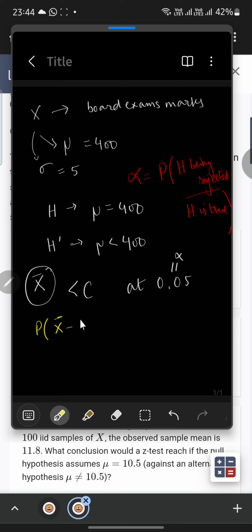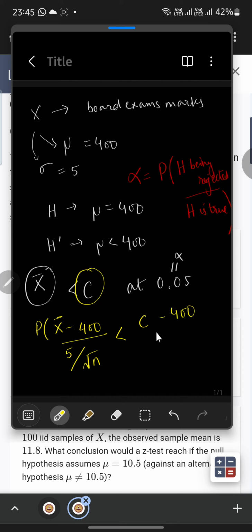So this minus the given mean, which is 400, upon 5, which is the standard deviation, divided by root n, and here we need to find the n, right? This will be less than c minus 400 divided by 5 by root n. Basically we know the probability for this, right? So the probability of this is equal to alpha. Isn't that true?